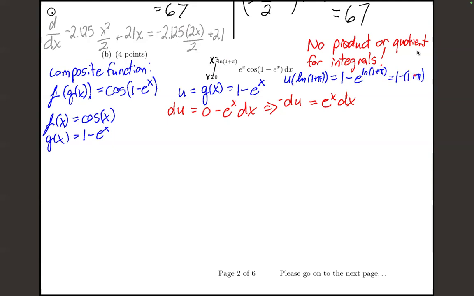And we distribute this negative sign to see that this equals negative pi. Okay, so the upper bound equals negative pi, and the lower bound, u of 0, is just going to equal 1 minus e to the 0. E to the 0 you need to know is 1, so 1 minus 1 just equals 0.